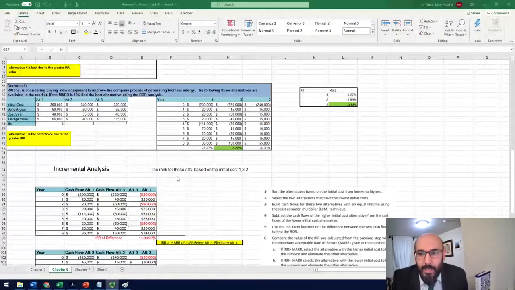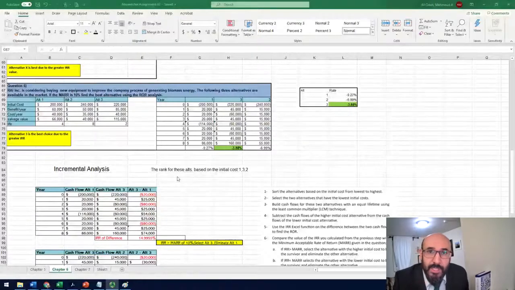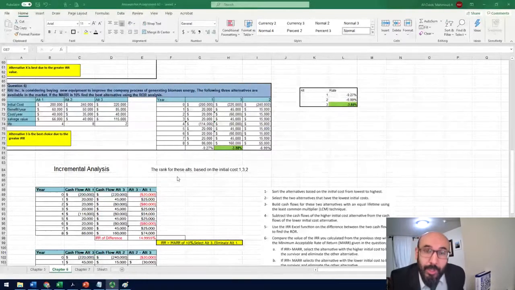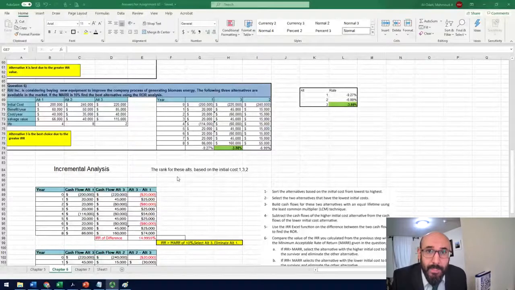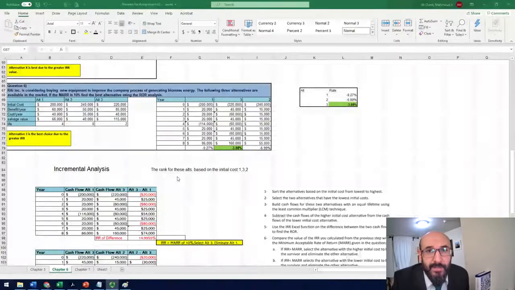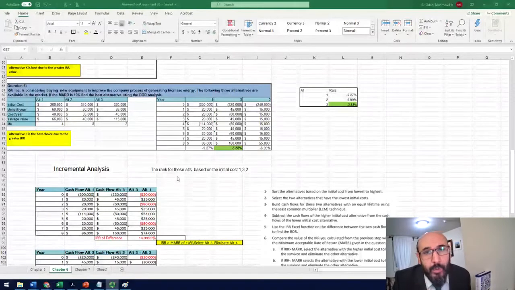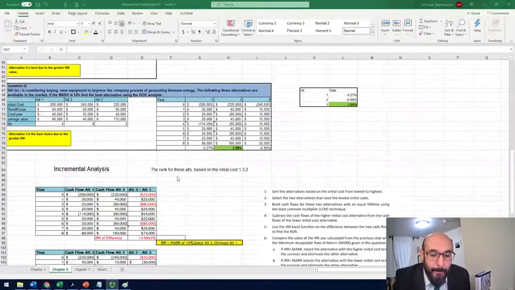And one of the things that we're going to do here in chapter 6, question 6, is to learn a new skill. And this skill is called incremental analysis. I've been telling my students all the time, in this course, you will learn a lot of techniques and a lot of strategies to make the correct decisions as related to finance.